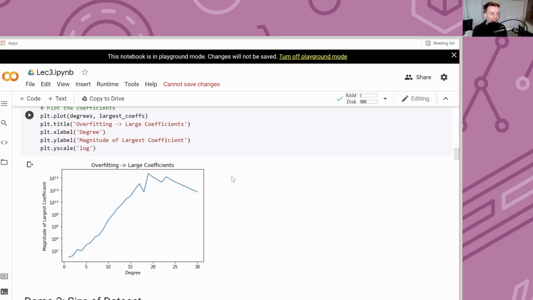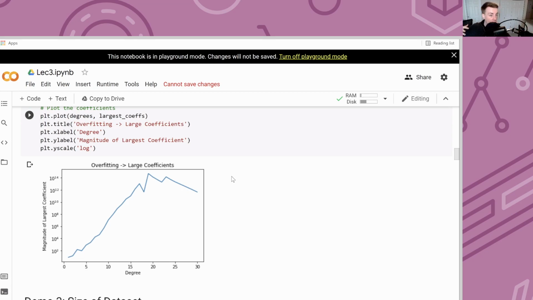I think I took the average magnitude. Just take the absolute value of each coefficient learned, average them up for all of the coefficients in that model, and I show this average magnitude as a function of the degree polynomial we're training. You can see when the degree is small, near 0 or 1, the coefficients are very reasonable. They might have the scale of 100 because prices are large numbers, so it's okay that they're around 100.